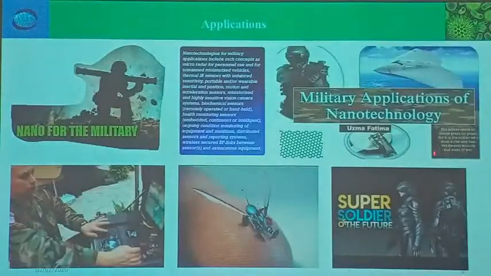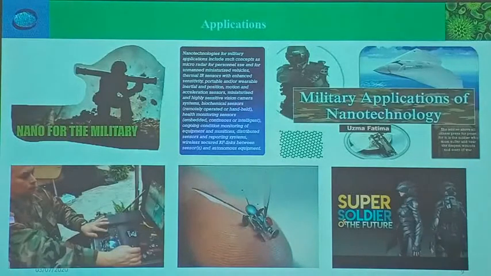There are also different applications in various sectors, security sectors and military sectors, which come under nano for military applications. Here nanotechnologies for military application include concepts such as micro radar for personal use, mainly in vehicles, or other components like IR sensors, which enhance sensitivity, portability and variability.